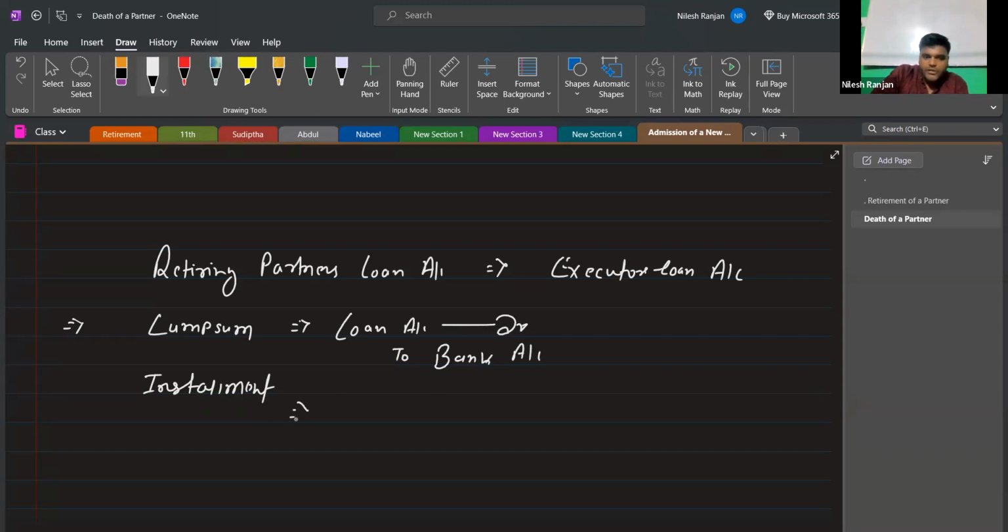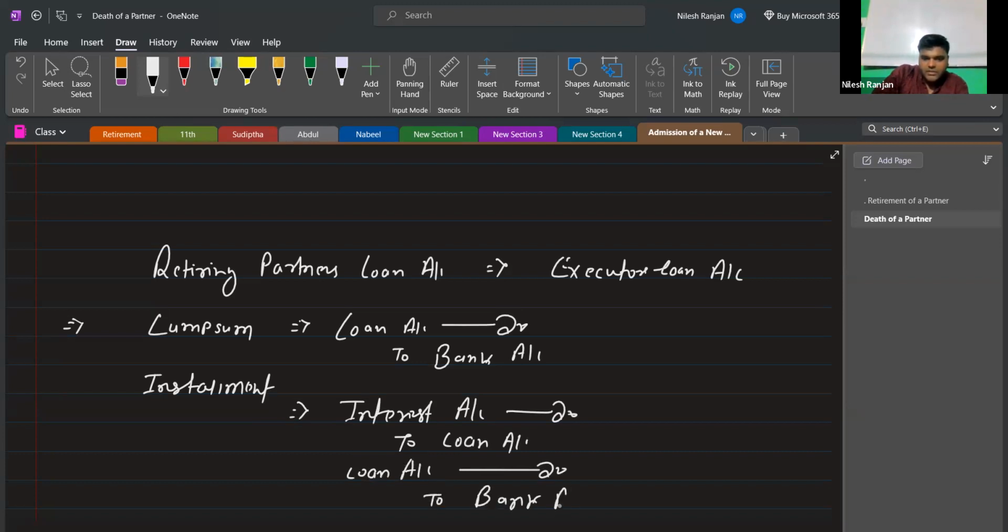For installments, first we have to pass the journal entry for interest: interest account debit to loan account, and then loan account debit to bank account. These are two entries for installments and a single entry for lump sum payment.